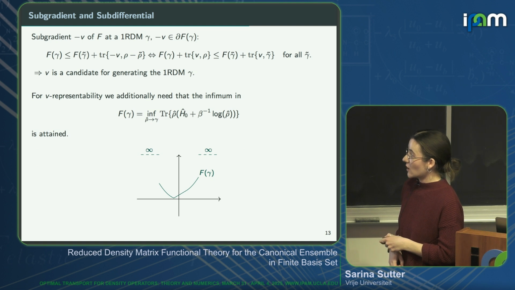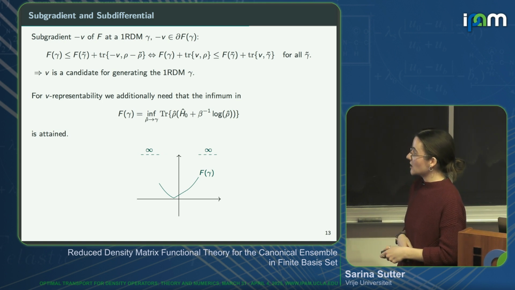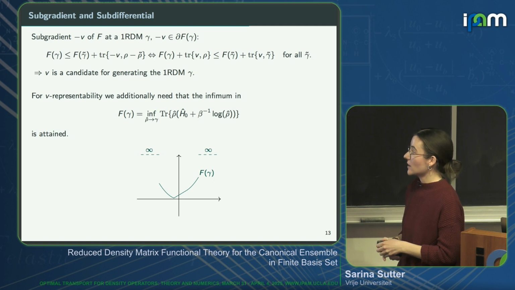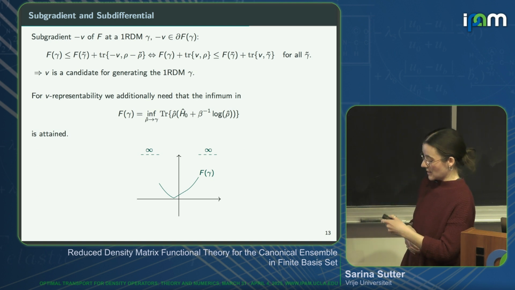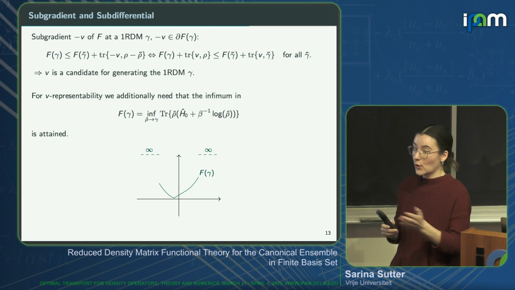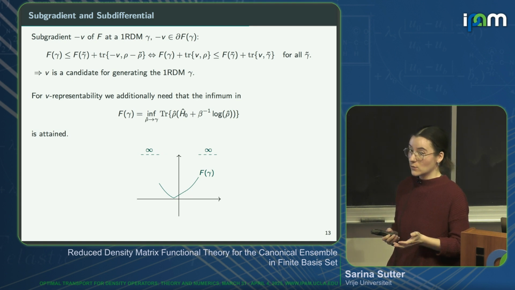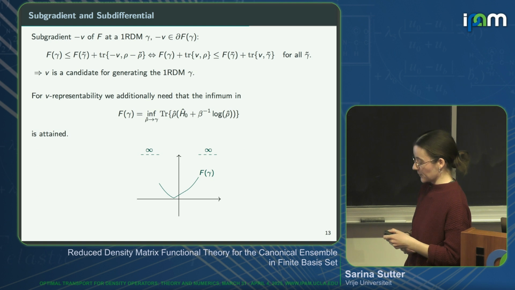This is the definition of our universal functional, and to have v-representability, we need a density matrix behind this 1-RDM. So we additionally need that this infimum is a minimum, because otherwise we might have this relation but no density matrix behind the 1-RDM. Then we do not have v-representability.